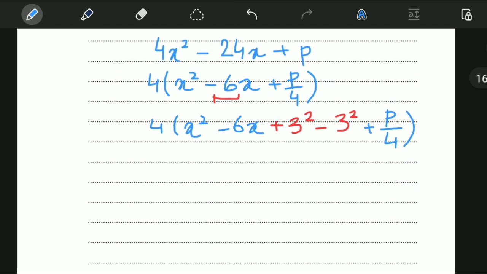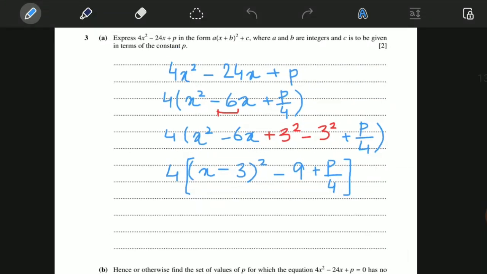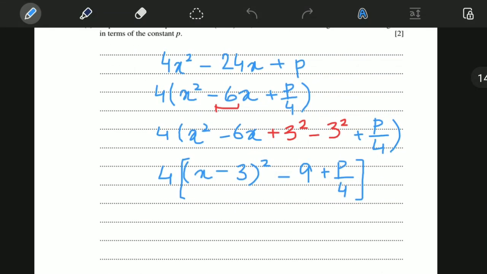Okay, next we'll write it as a completed square: x minus 3 whole square minus 9 plus p by 4. Now what are we supposed to do? We will multiply this 4 outside the bracket with all the terms.